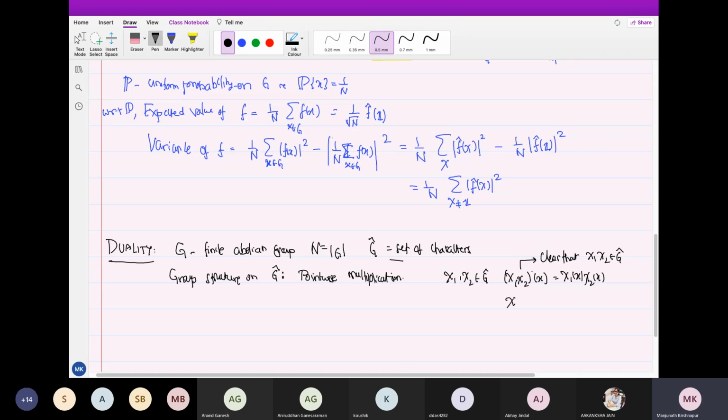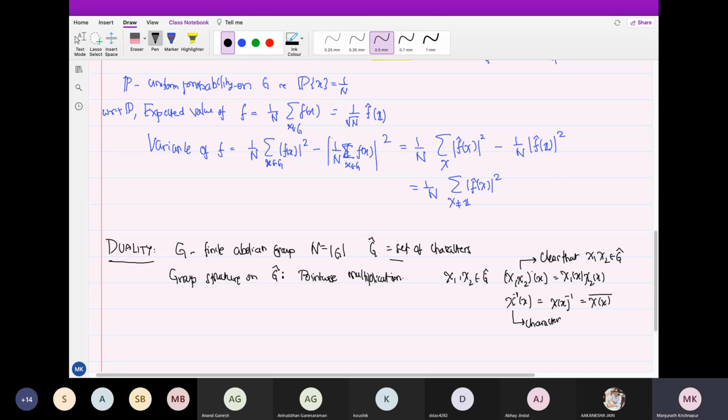Also, chi inverse of x, by that I mean chi of x inverse in the circle group, which is the same as chi of x conjugate, because on the circle inverting is the same as conjugation. This is also a character.